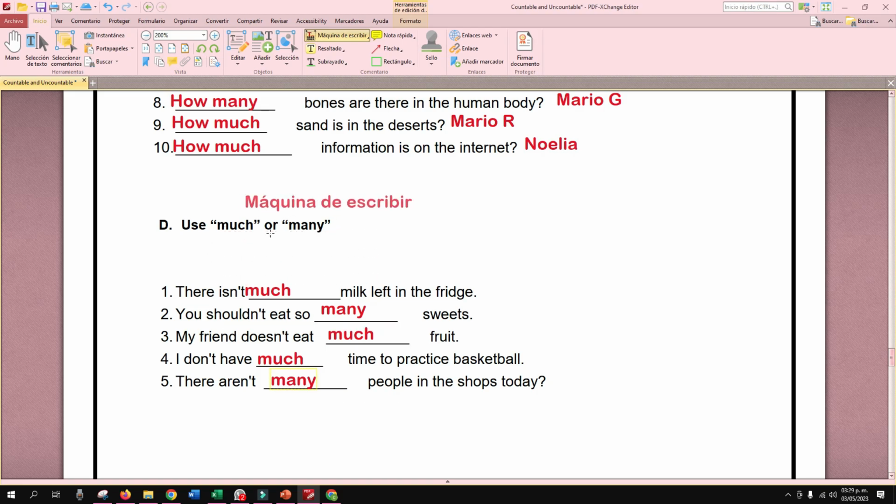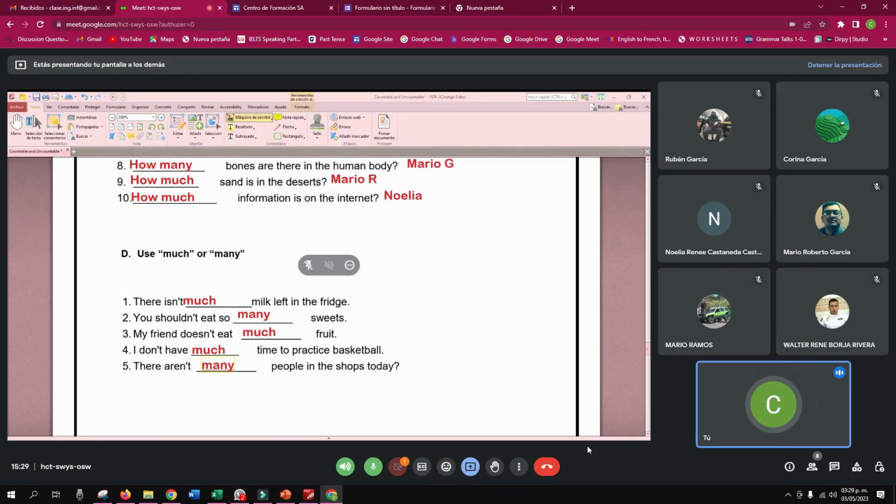So, I don't know, guys, if you have questions, comments, any idea about this. Try to practice this topic because on Friday you're going to have the second evaluation about module 4, sorry, and that will be about this topic, countable and uncountable nouns.